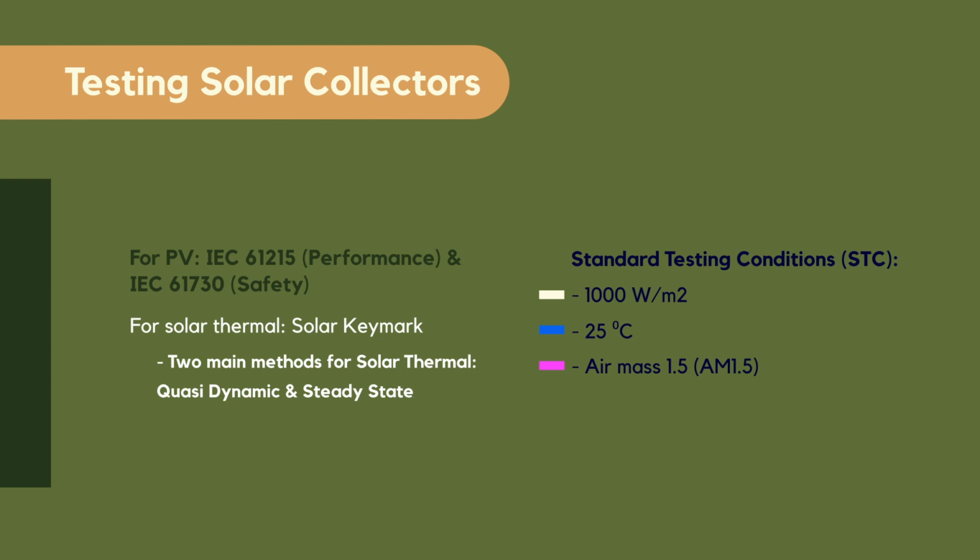In all these methods, we have the defined standard testing conditions, STC, which imply 1000 watts per square meter solar radiation, 25 degrees Celsius air temperature, and an air mass coefficient of 1.5.